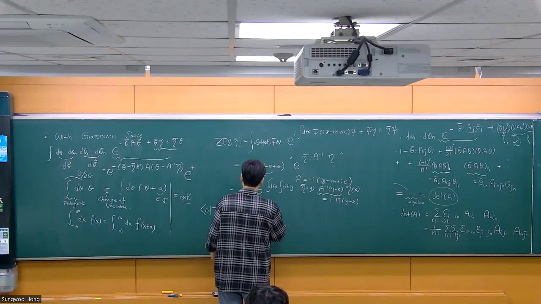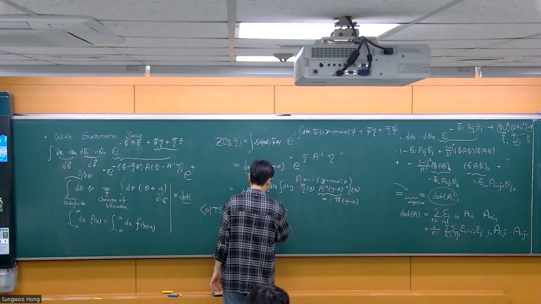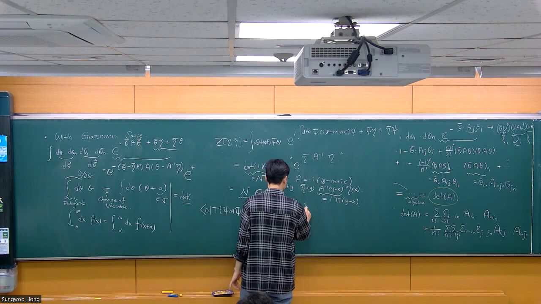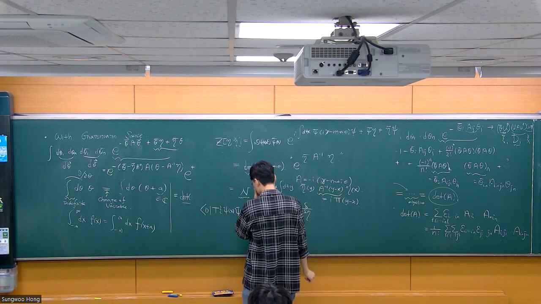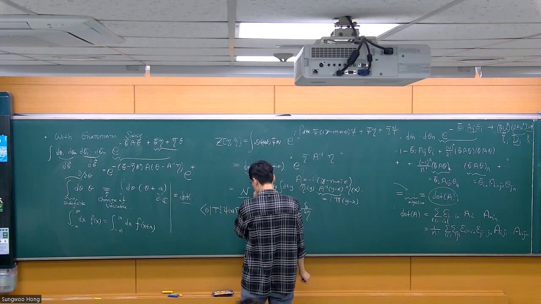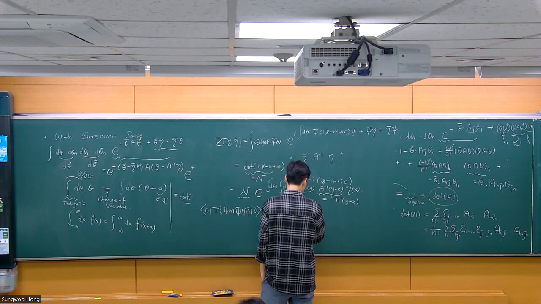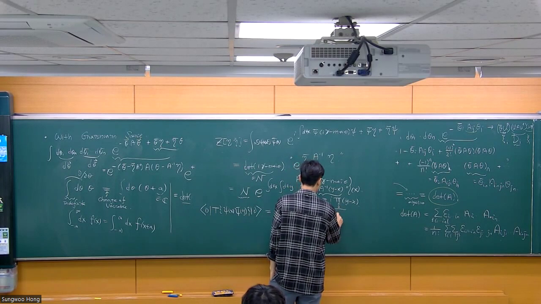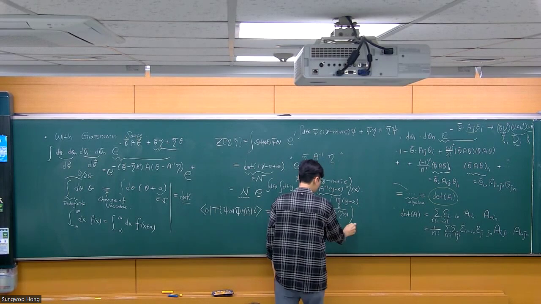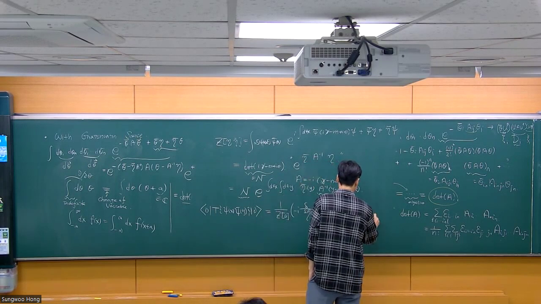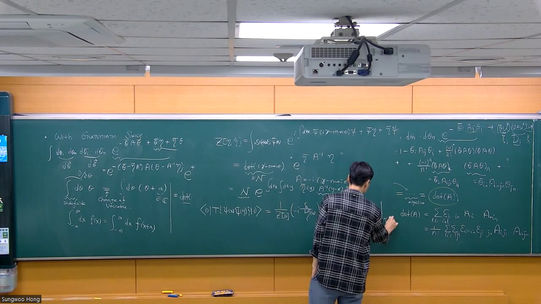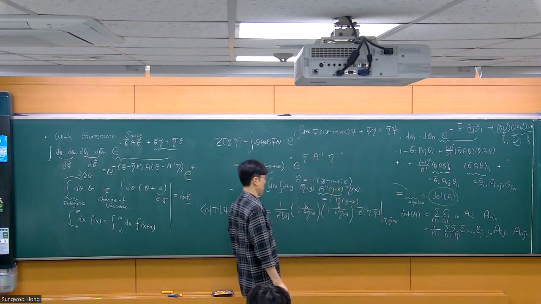In terms of the generating functional, we know that this is given by this, acting on the generating functional and setting sources to be 0, and then doing the calculation.